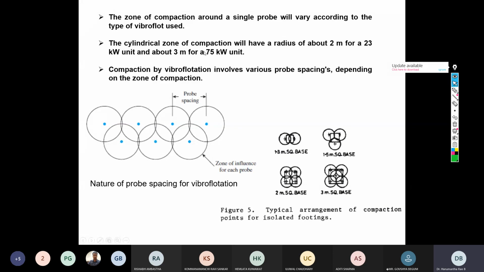The cylindrical zone of compaction will have a radius of about 2 meters for a 23 kilowatt unit and about 3 meters for a 75 kilowatt unit. This clearly shows the influence of the probe capacity on the density or zone of influence. As you increase the capacity of the probe, there is an increase in the density in the radial or lateral direction.